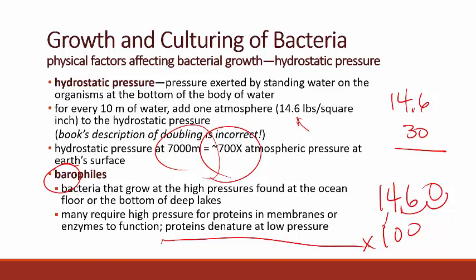So once again, it's the proteins and their function as enzymes and as transport mechanisms across cell membranes that, when we reduce the hydrostatic pressure on a barophile, we wind up denaturing the proteins and killing them, or at least slowing their function.